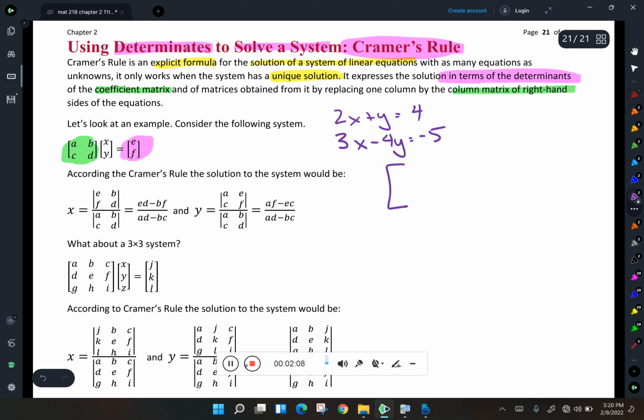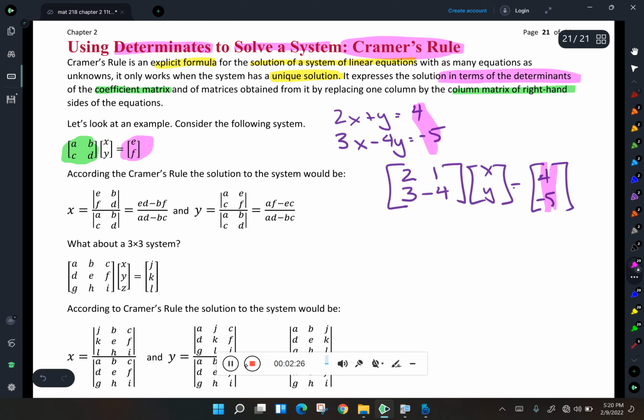That would give us the coefficient matrix 2, 1, 3, negative 4 times the variable matrix x, y equal to that column matrix 4, negative 5, which is our constants on the right-hand side.